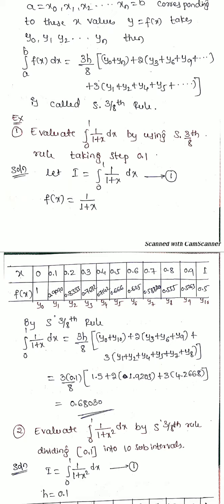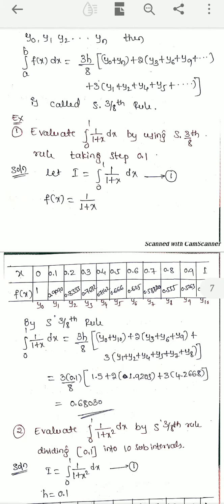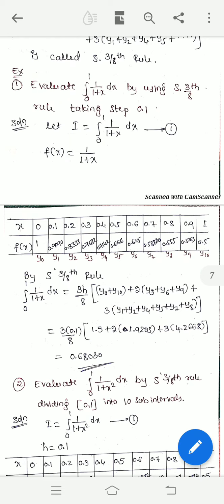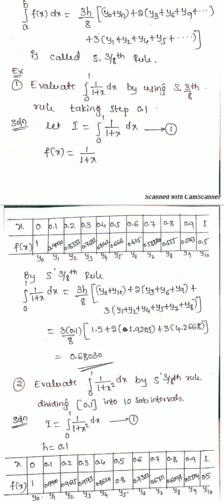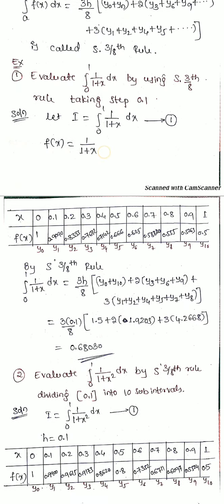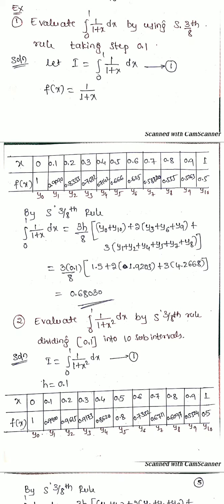We can call it equation number 1, which is the given equation. Here the function f of x equals 1 divided by 1 plus x. With the help of this, we are going to construct the x values and f of x values, where h is equal to 0.1.